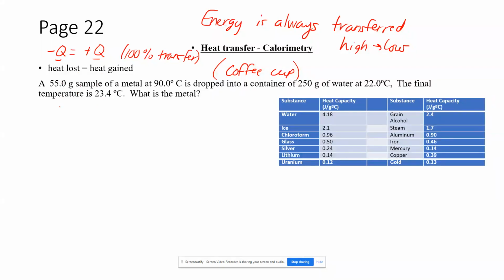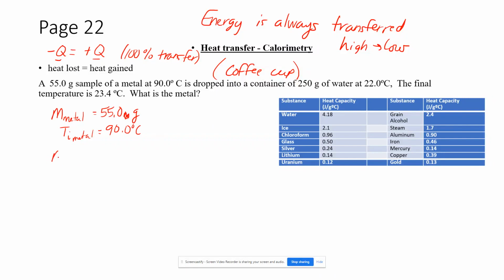So look at what we know. We have the mass of the metal, which is 55 grams. Oops, this should be grams. And we have the initial temperature of the metal, which is 90 degrees. I'm just writing down what I know.